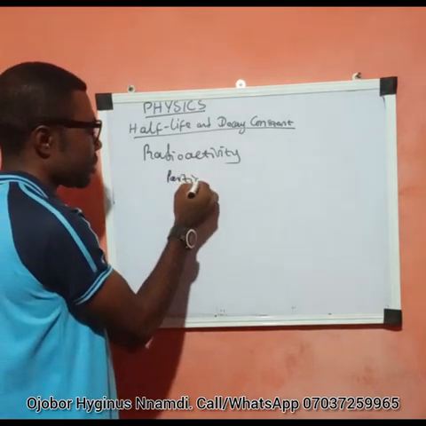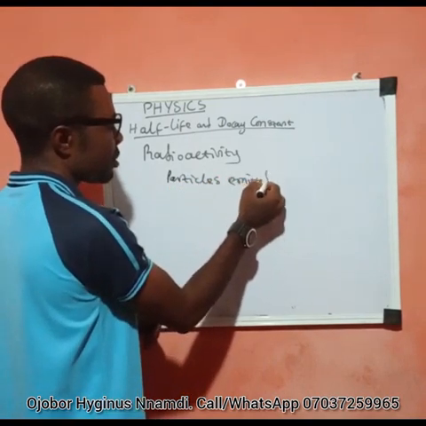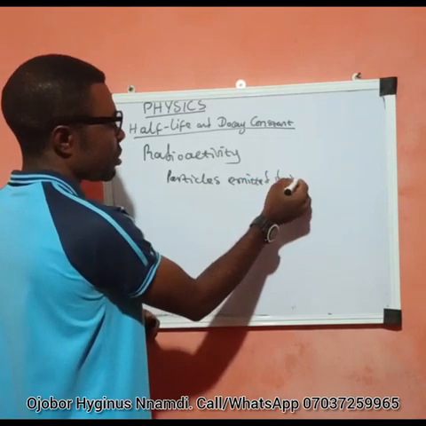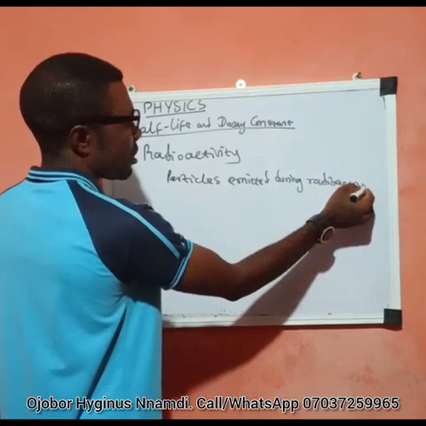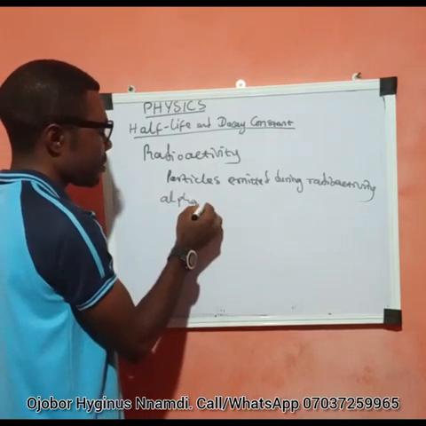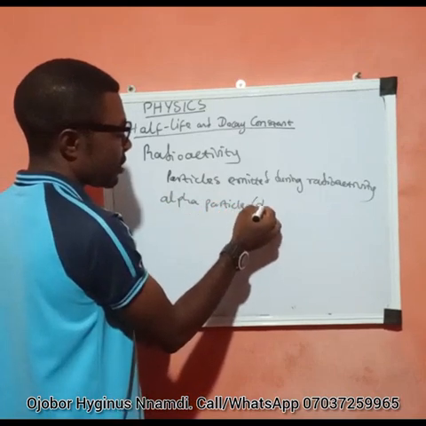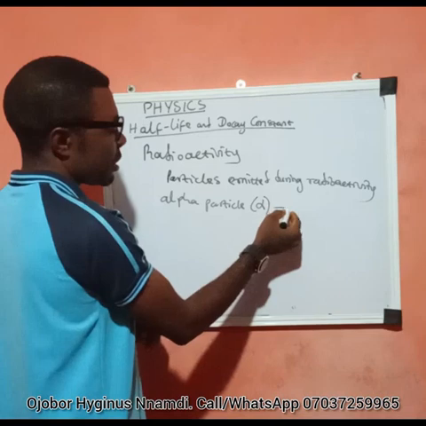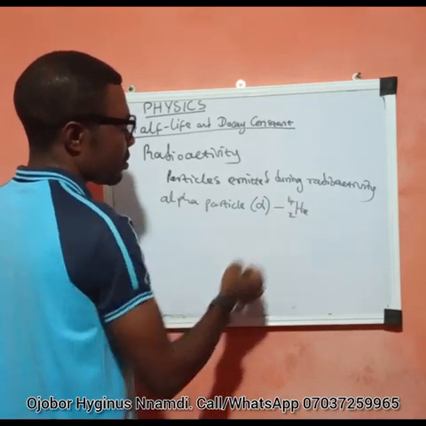The particles emitted during radioactivity are: we have the alpha particle, and the alpha particle emitted is a helium nucleus.